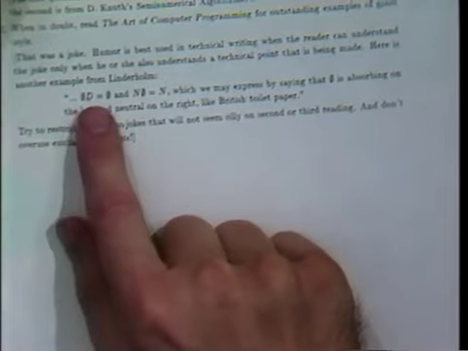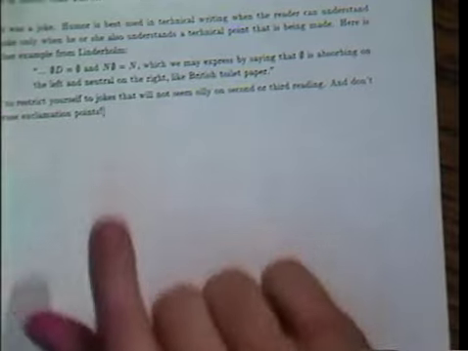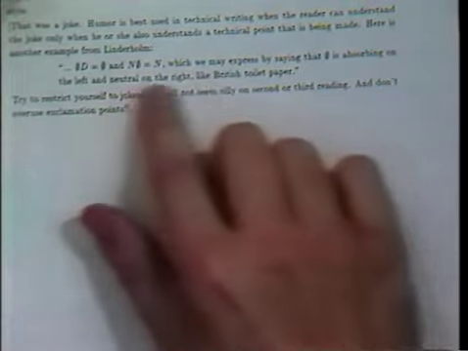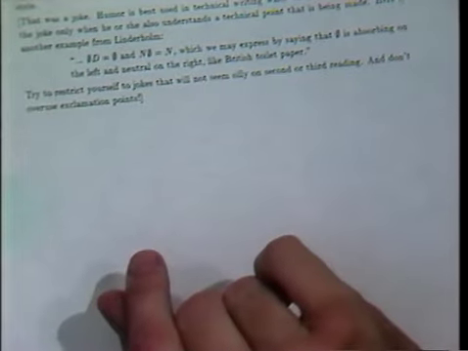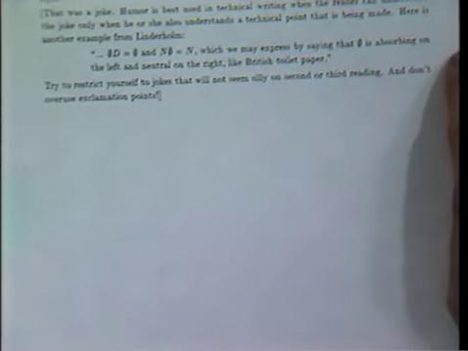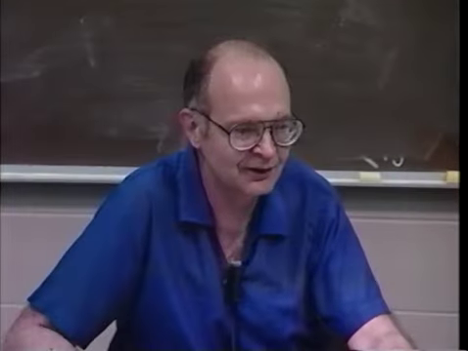Now, the guy who wrote Mathematics Made Difficult had this other quote here, which I mentioned. It says, "As empty as absorbing on the left and neutral on the right, like British toilet paper." And this I thought was making a good point, if you've ever been in Britain. Now I wrote a paper called "The Toilet Paper Problem" in the Math Monthly, and I tended to go too far.